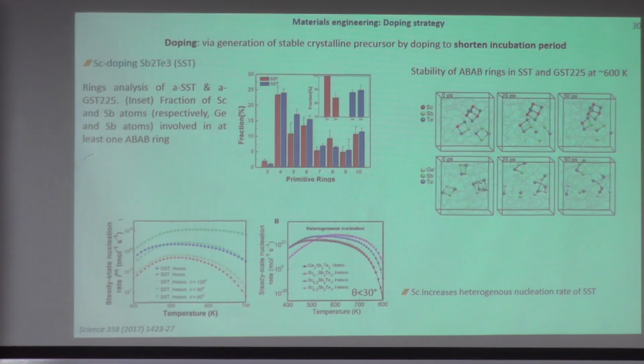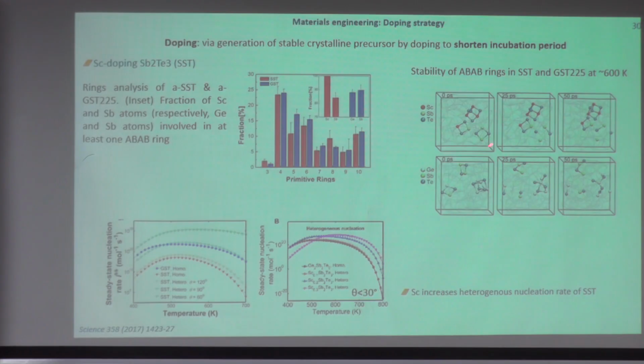And this doping also introduces one more effect: it stabilizes this nucleus at different temperatures. Again, for GST, these AP rings can be formed, then reformed, and also destroyed. So such nuclei are very unstable.